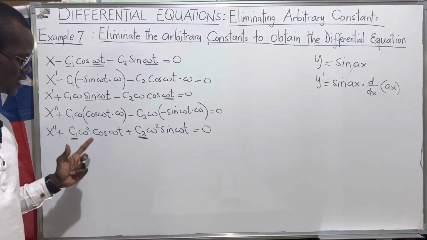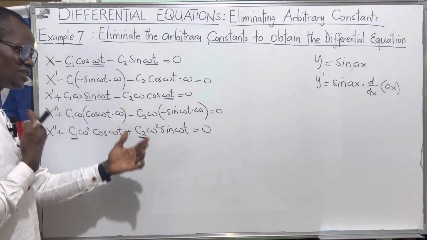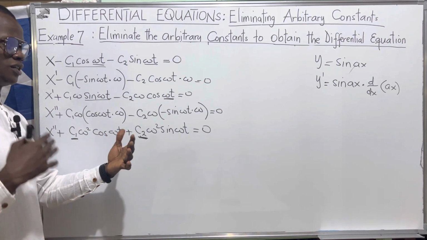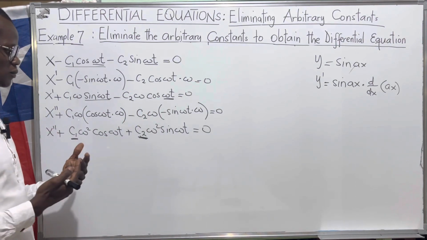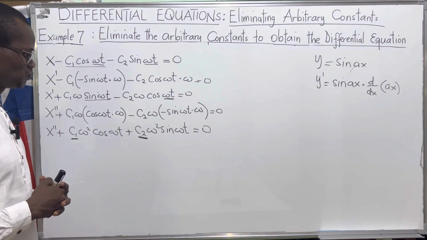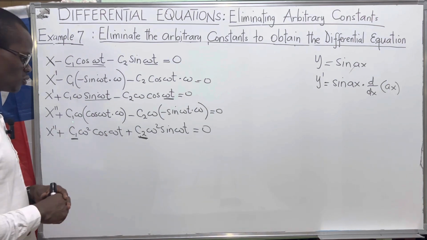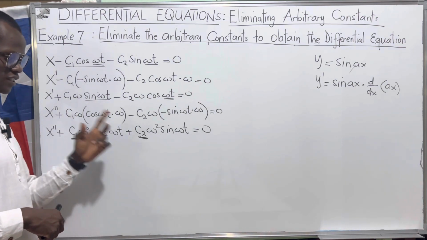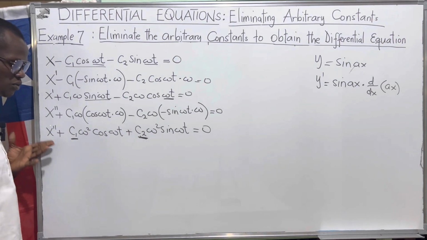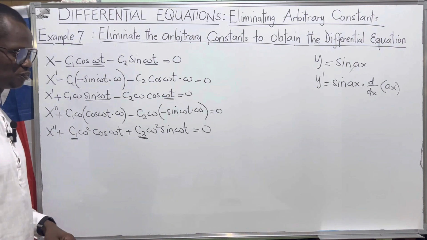But for this case, it keeps appearing in a kind of circular form, especially when we are dealing with trigonometric functions. So we have to apply some tricks to get rid of c1 and c2, because we are already seeing the differential equation. We're seeing some x prime prime, but we cannot have c1 and c2.